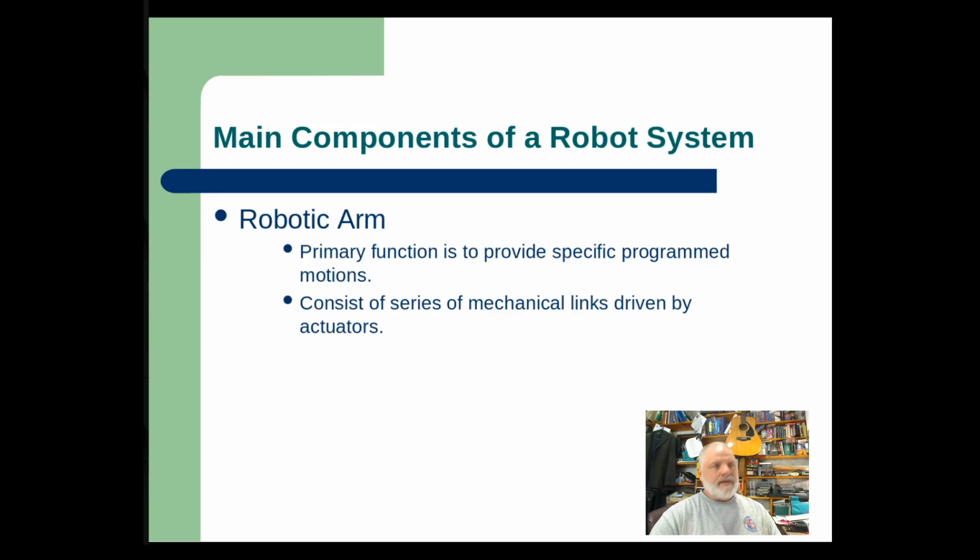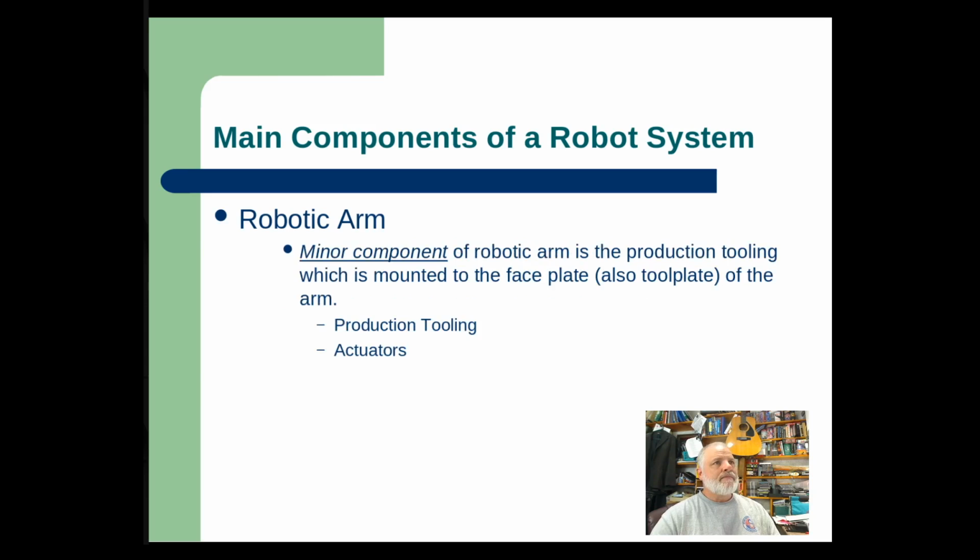Alright, so the minor components of the robotic arm are the actuators, which we'll look at in a little bit, and the production tooling. The production tooling is the part that we add on at the tip of the arm to perform some task.